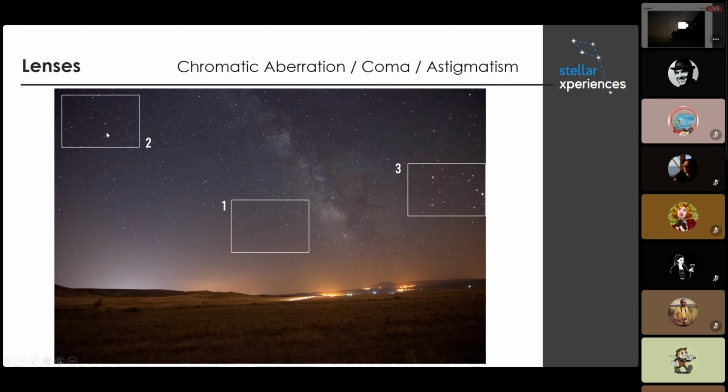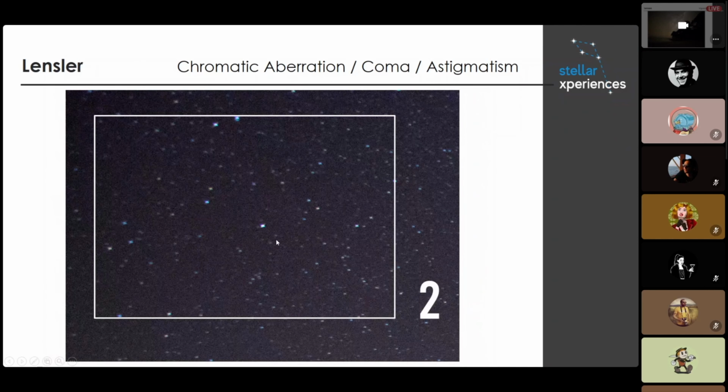Here, we looked at this part, and now we are looking at this part. So we now started to have, I don't know if it's clear, but this star obviously has some chromatic aberration. In one part, I can see some magenta color cast and green color cast.